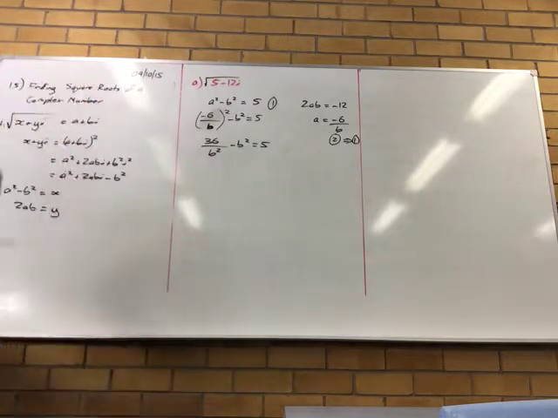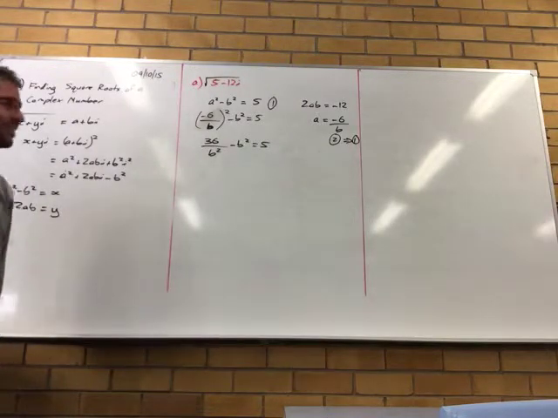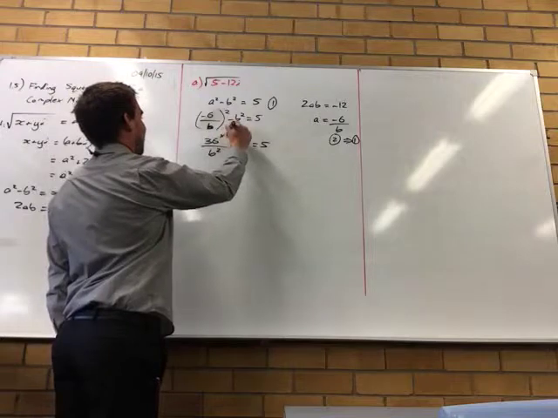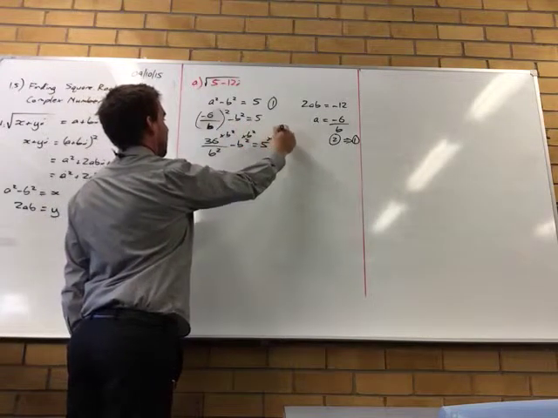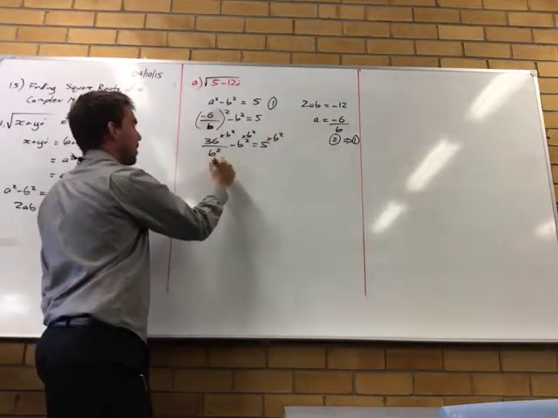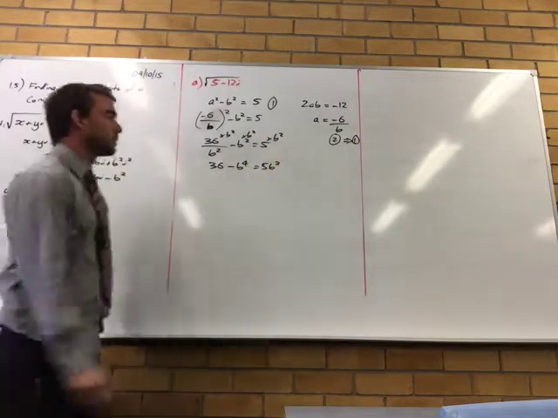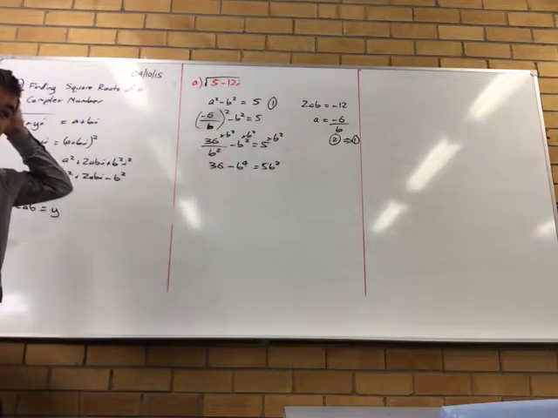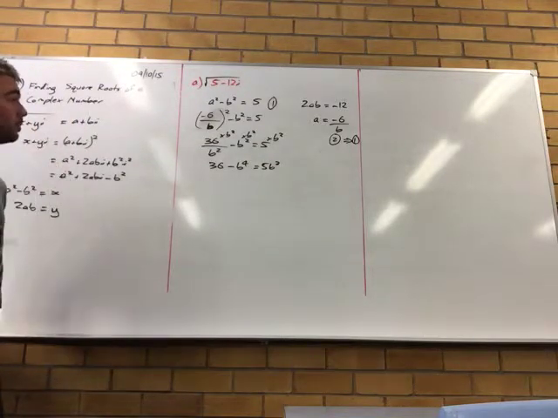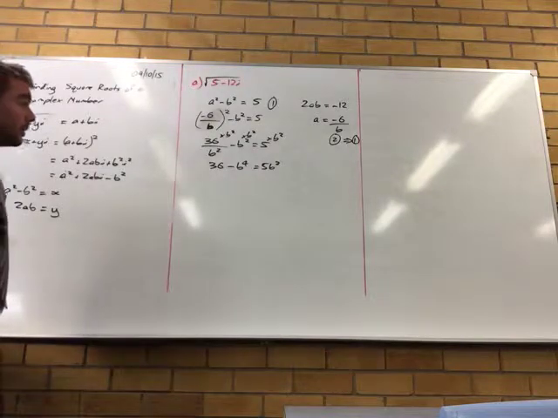Alright, what's the next step? You need to solve for b. What do I need to do now? Multiply by b squared. Always remove the denominator. Put everything onto the one side, make b to the power 4 positive.